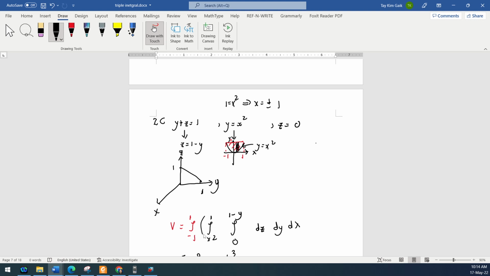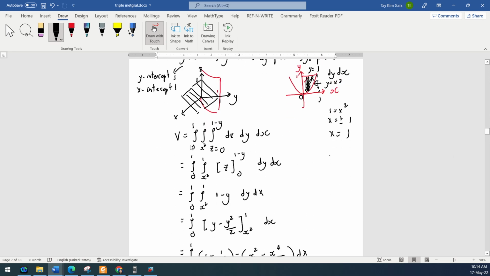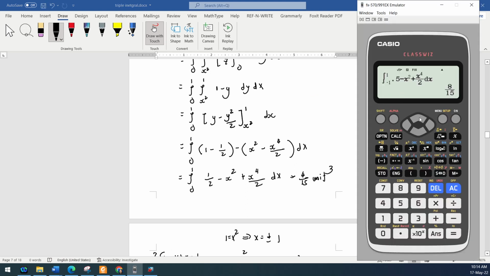For the integral dz dy, you see the difference is only the lower limit for x, which changes from 0 to -1. So that's why you can get this result up to here. The lower limit of x is changed from 0 to 1 into -1 to 1. So the answer is 2 times the answer in 2b.